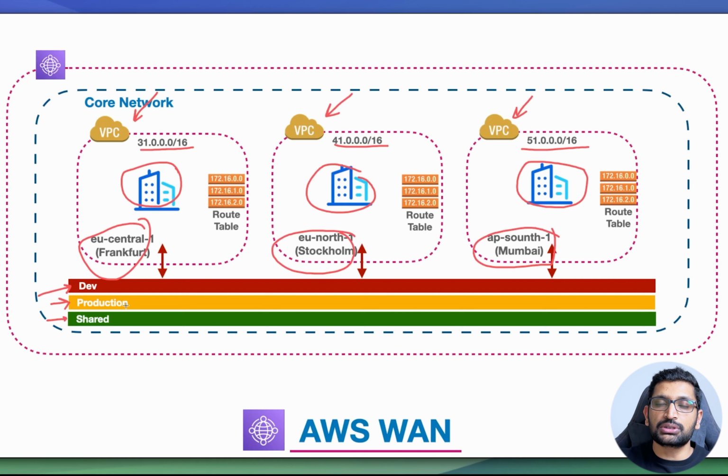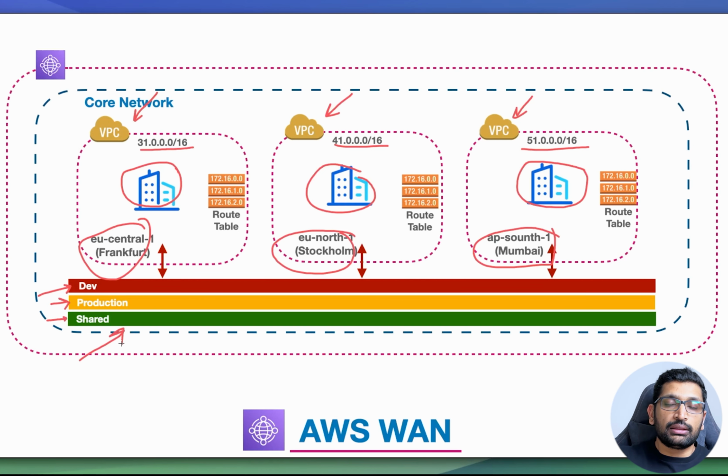Then we will have production, where actual clients will access our application. The third one is shared services, which is common, where we will have common services that can be shared between development and production environments.